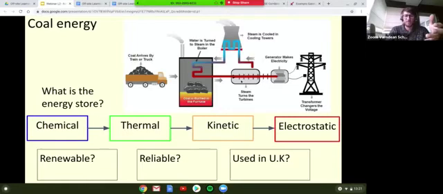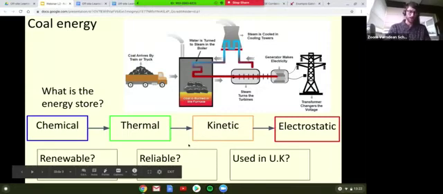Whether or not it's steam that's pushing it, whether or not it's wind, or whether or not it's water pushing through a hydroelectric dam. So we've gone from chemical in the coal to thermal in the steam, and it's transferred to kinetic energy in the moving turbines. And finally, those moving turbines, through the motor effect, help to transfer to electrostatic energy in the wires, which we can use in our homes, or in industries, or in markets, or wherever.